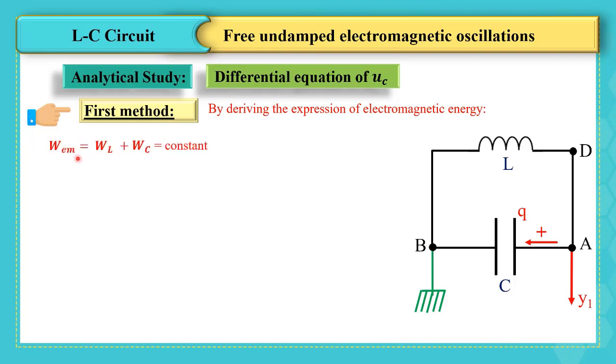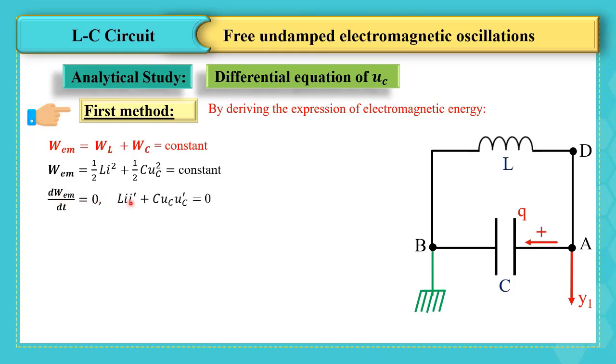The electromagnetic energy is equal to magnetic energy plus electric energy, and in the absence of resistance it is constant. So half L i squared plus half C U_C squared equal to the electromagnetic energy. Since electromagnetic energy is constant, the derivative of this energy will be 0.